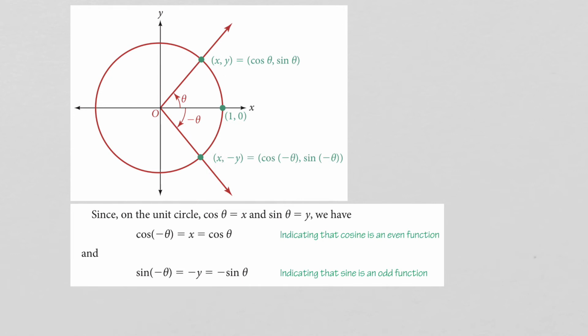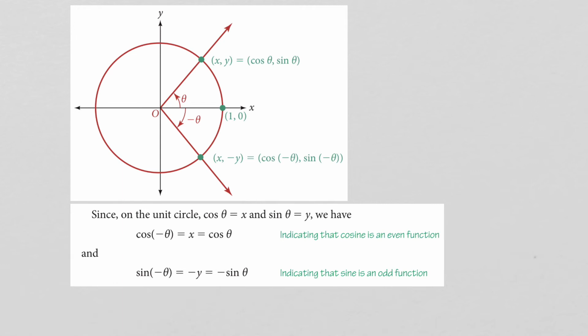Well, you can see that if you have the same reference angle in the first and fourth quadrants, they are going to have the same x value. So the x-coordinate of this point and the x-coordinate of this point are the same. However, the y-coordinate here is positive and the y-coordinate here is negative, but it's the same distance. So the y-coordinate for theta we call y, and the y-coordinate for negative theta we call negative y.